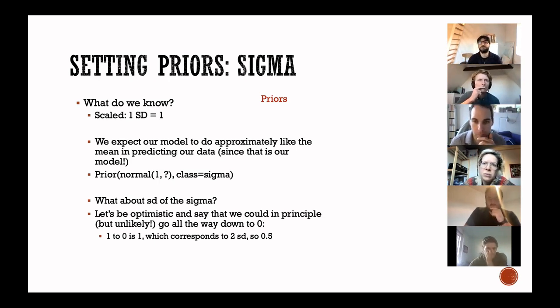But a realistic expectation is that it could go all the way down to 0, because that prepares us for other models that we're going to do after. So what we can do is have a standard deviation of 0.5, right, which means that 2 standard deviations from the mean will bring us to 0.